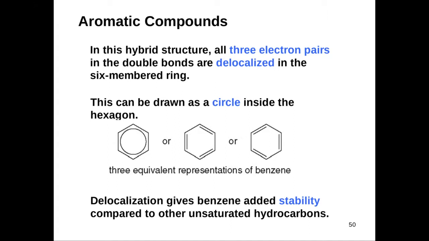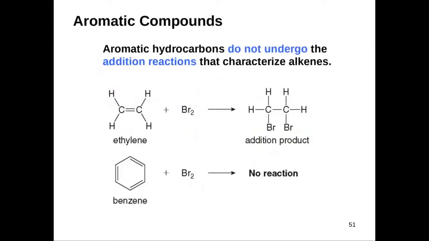Benzene rings exist in both states at the same exact time. This delocalization gives benzene rings increased stability compared to other unsaturated hydrocarbons. So benzene rings are pretty stable overall.